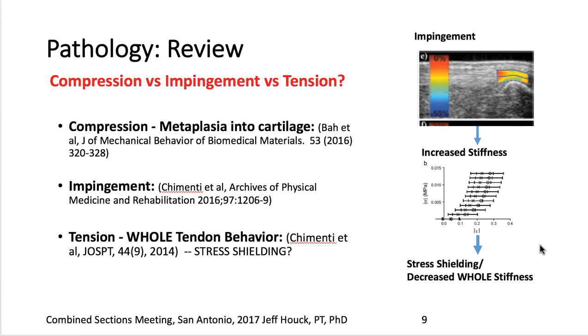And in addition to that, disuse caused by the pain may also increase the compliance of the tendon. So locally the tendon's stiff, but globally at a whole tendon level, the tendon is more compliant.